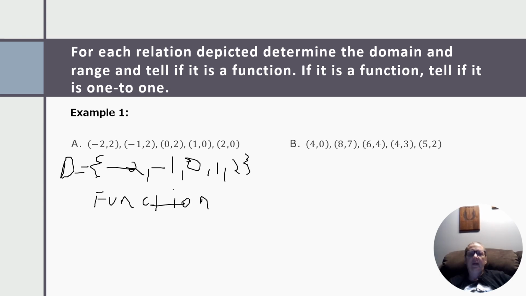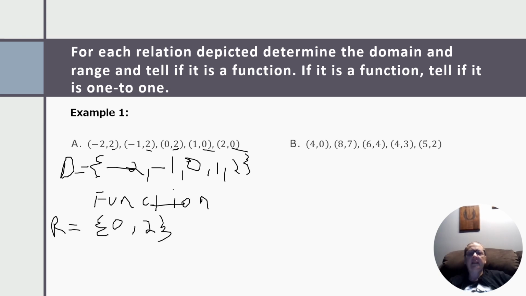And then I will go ahead and do my range next, which is the set of all y values. And so I'm going to look at my y values from smallest to biggest. The smallest y is 0, which you can already see is there more than once. And then I also have 2, which is there a bunch of times.